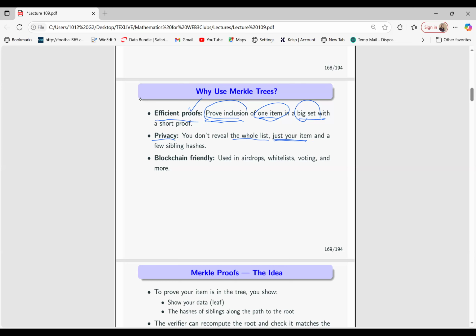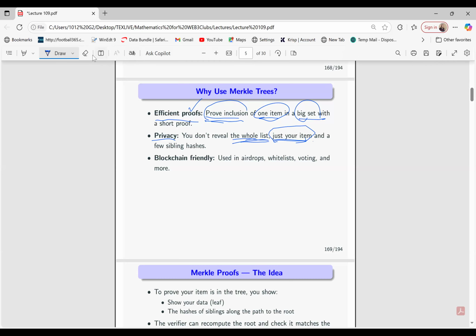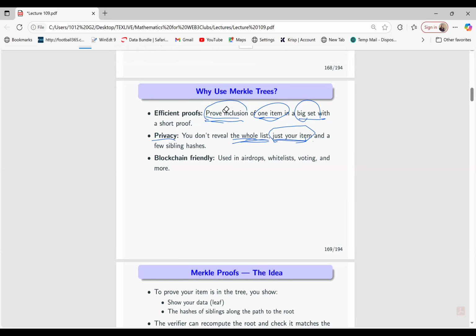So we don't want the entire set to be known. We only want it to be known that there's a particular item inside that list. That is what we call privacy, and that is why Merkle trees come in, Merkle proofs.